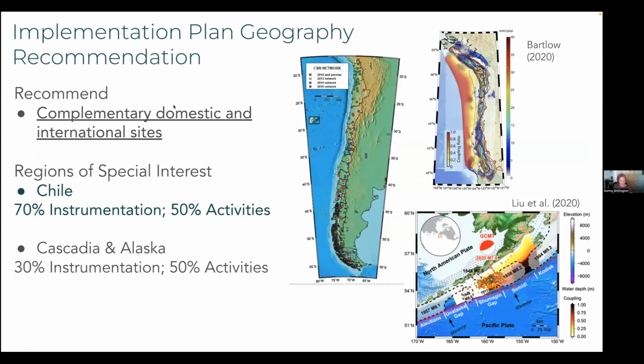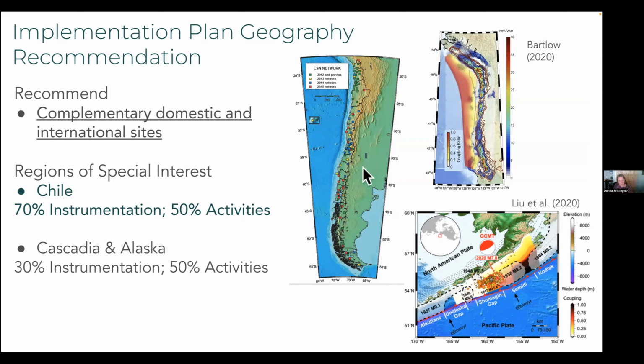And as Shosho said, after a very careful evaluation of basically every subduction zone segment in the world, the SZ4D committees recommended pairing a focused study of the Chilean subduction zone, which has ideal attributes for all of the different scientific components of SZ4D, with comparisons with the Cascadia and Alaska subduction zones.